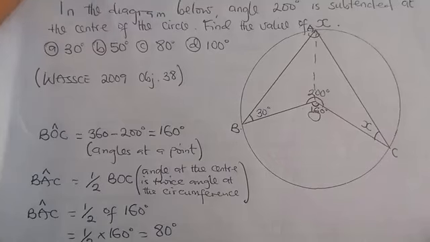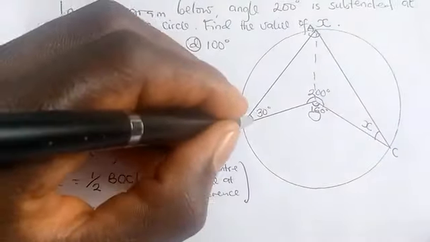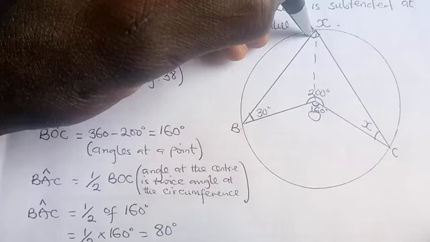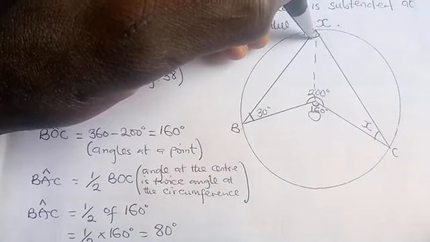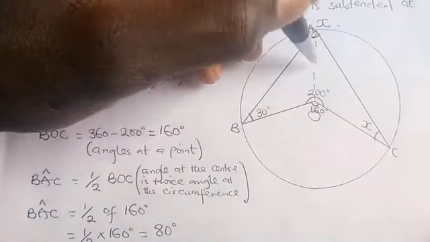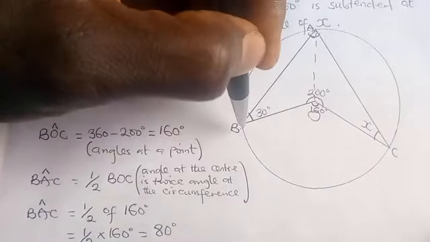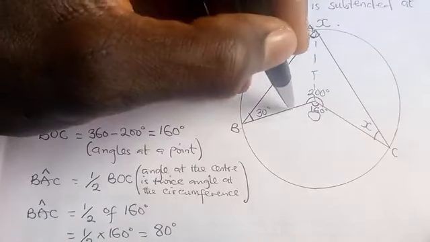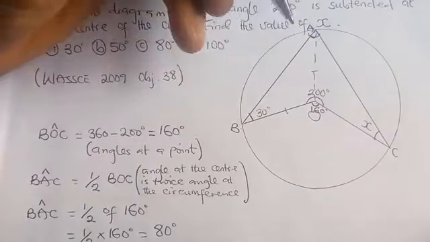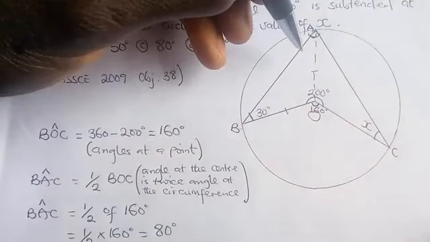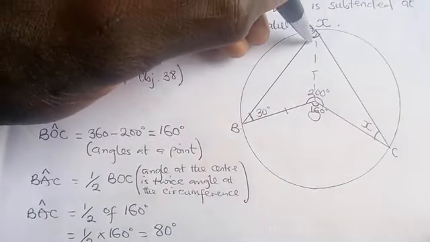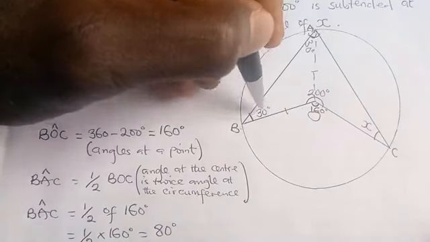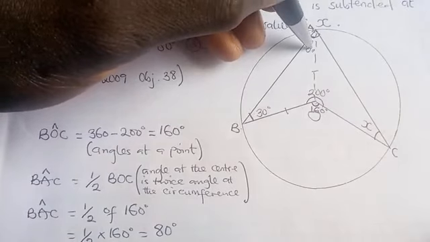And by implication, the angle here and the angle here will be equal. Because if this is a radius also, and here is a radius, we are going to have an isosceles triangle where two sides are equal. Consequently, the base angles will be equal, so that if here is 30 degrees, here will be 30 degrees as well.